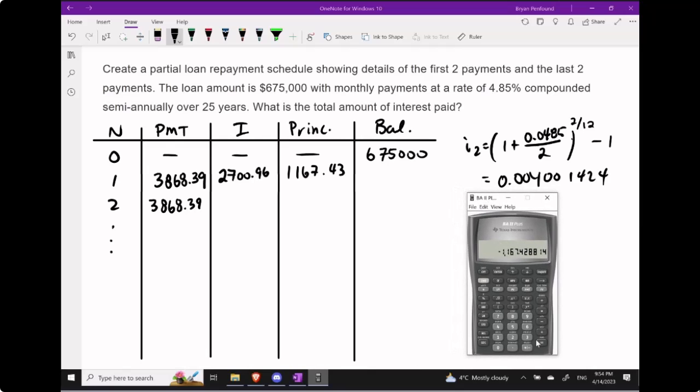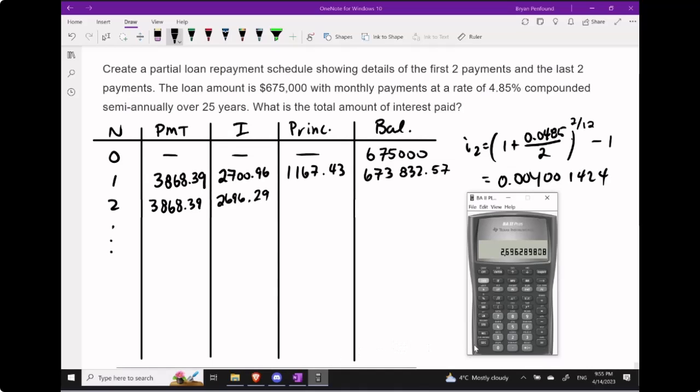Let's subtract this value from our opening balance of $675,000. Doing that should give us about $673,832.57.